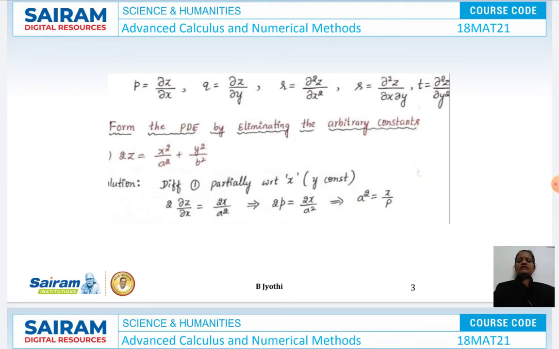First, let us differentiate partially with respect to x, treating y as a constant. Then, twice of dou z by dou x is equal to 2x divided by a square. Thus we know this dou z by dou x can be written as p. Therefore, 2p is equal to 2x by a square. Dividing by 2 throughout, we get a square is equal to x by p.